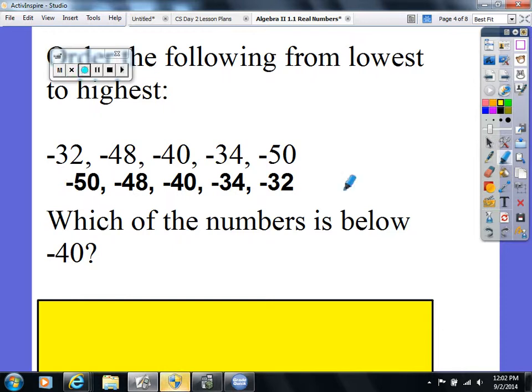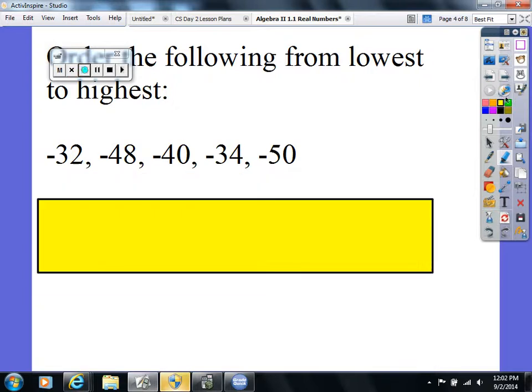Well, there's only two numbers here that are below -40, and that is -50 and -48. This is a type of question you will see on the SATs. There's usually one question that looks like this every year on that test. So that should help you when you take that standardized test.